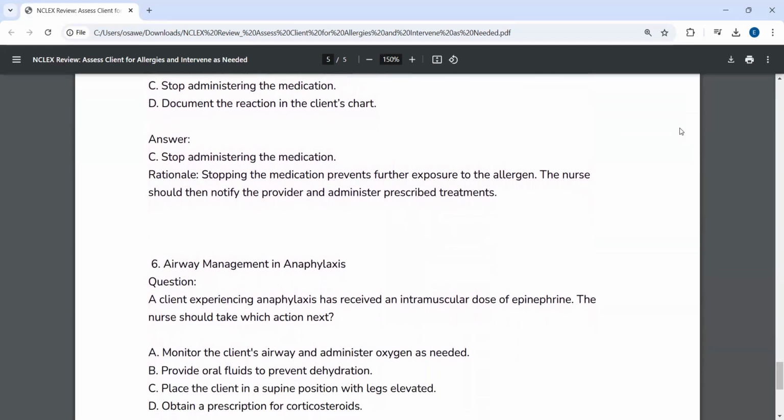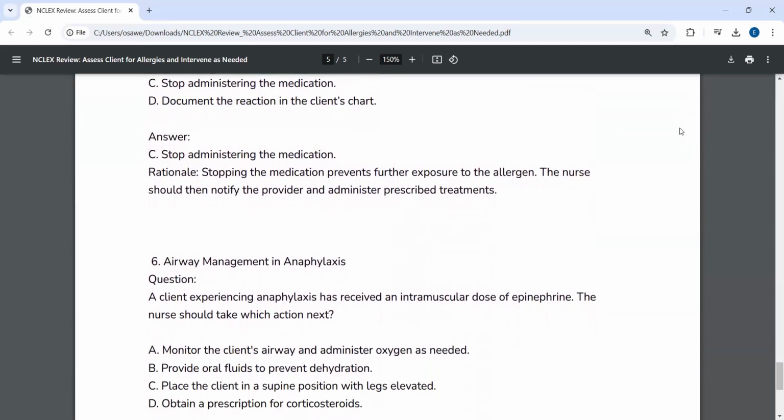We have a client experiencing anaphylaxis who has received an intramuscular dose of epinephrine. The nurse should take which action next, right? What action should the nurse take next? We have monitoring the client's airway and administer oxygen as needed.